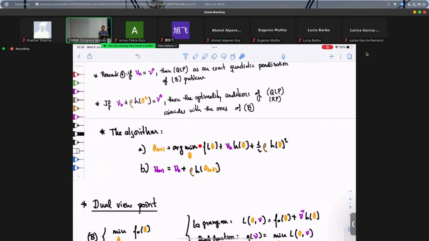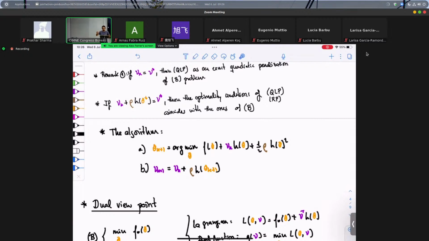You solve this problem, and then you change your Lagrange multiplier. But here nu is known. Here it's only theta, the variables, and here the known is nu. So it's like for a Stokes problem, for example: here you only change theta, so you only change the velocity, and there you change the pressure. You would never do this in a Stokes problem because it is a quadratic problem, and you do an inverse and finish in one iteration.